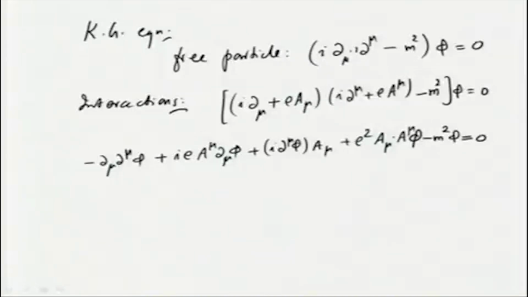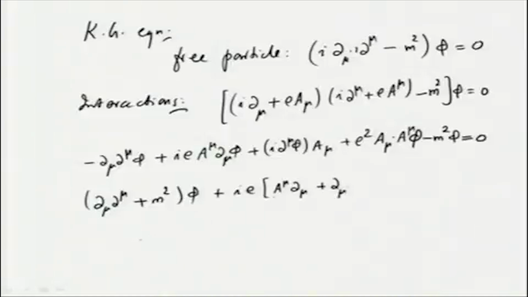This is basically clubbing all the non-interacting free case and then the interacting case separately. Multiplying firstly with a minus sign, I get del squared plus m squared acting on phi, which is basically the free part of the equation, plus i e A mu del mu plus del mu A mu phi.